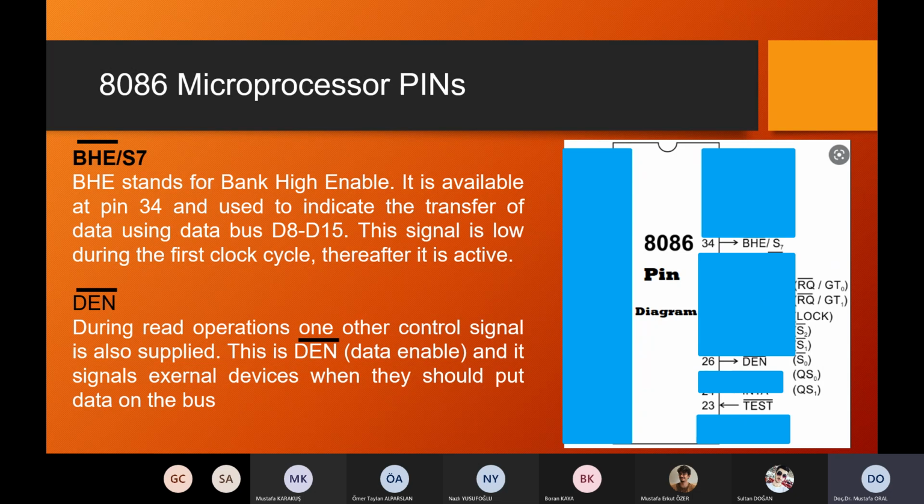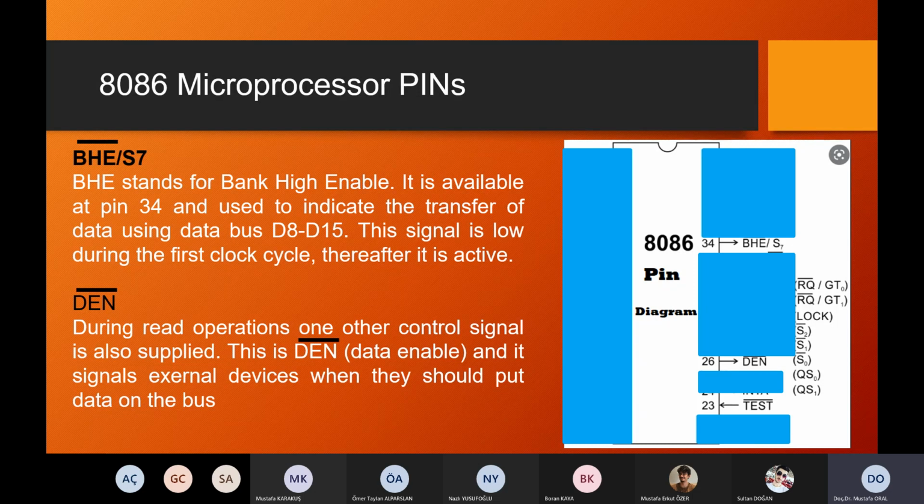Whenever the higher byte is ready to be sent or to be read, the bank high enable signal is signaled out. And please don't forget that in the old times, the RAM was 8 bits long. Within each address, only 1 byte of information is stored.